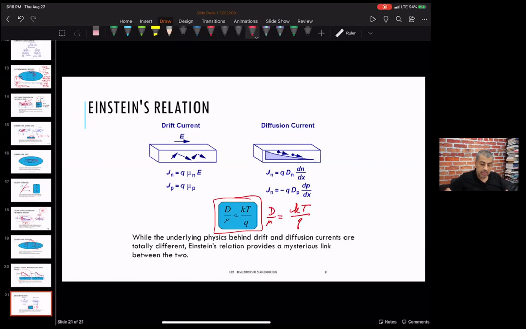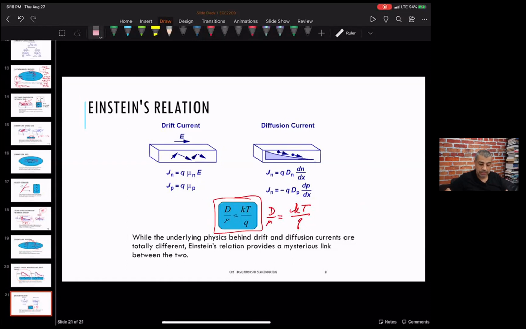D is the diffusion constant that was used in the diffusion current, and mu is the mobility that was used in the drift current. That proportionality is the Boltzmann constant times the temperature over the charge of an electron.